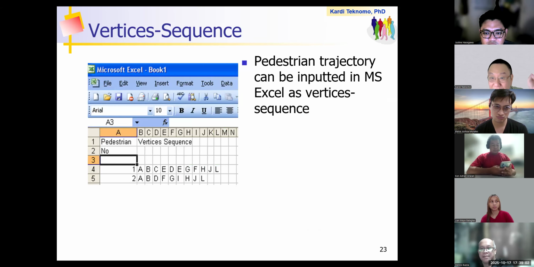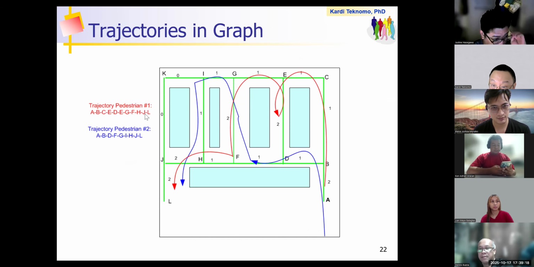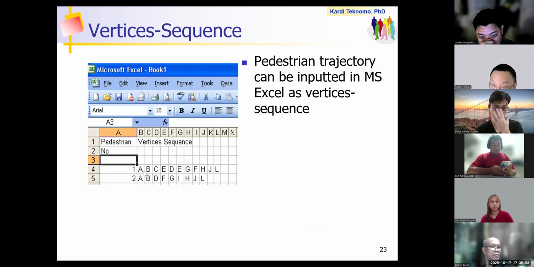So now this is an example, and I'm using Excel. What we are doing is, I created pedestrian number 1 and 2, because I already have this trajectory, A, B, C, E, D, right? This one, so I will put it there. Exactly.